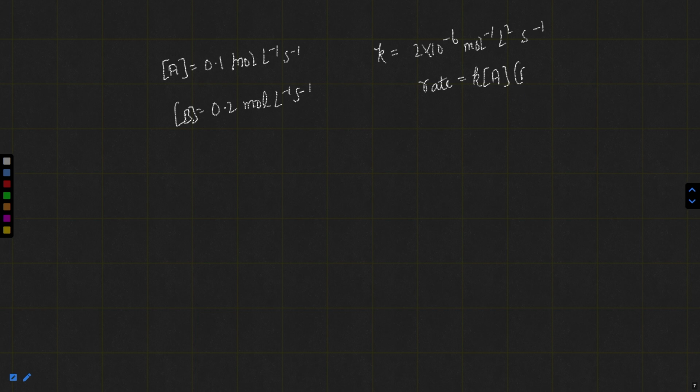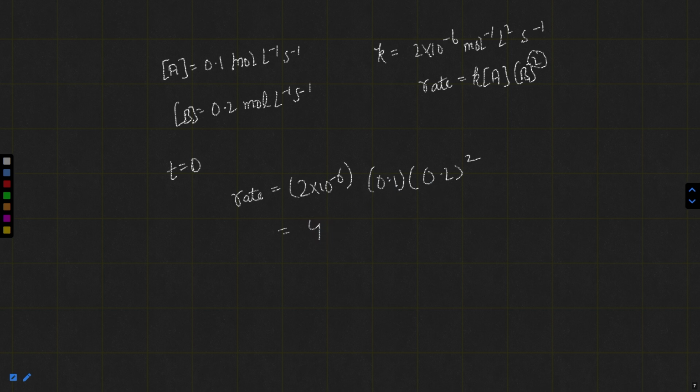Now all the values are given. You don't have to worry about anything. So at t equals 0, that is at the initial phase, we have the rate as, if you put the value of k, it is 2 into 10 to the power minus 6. If you put the concentration of A, it is 0.1. For B, it is 0.2 raised to the power 2. Clear? So 2 to the 4.